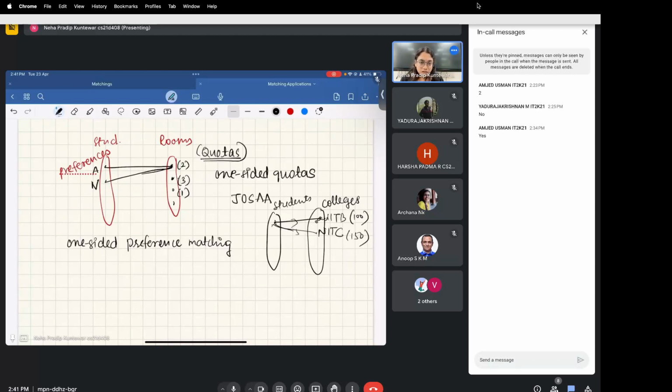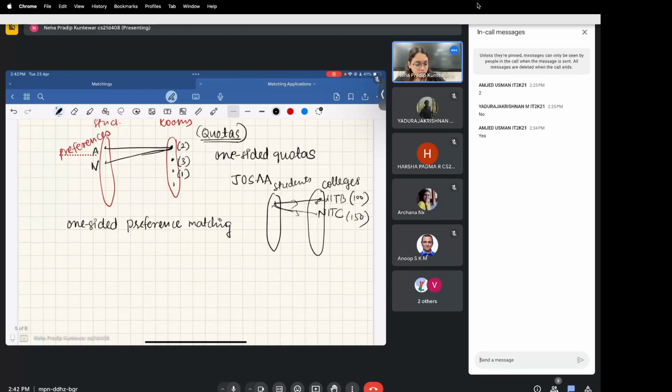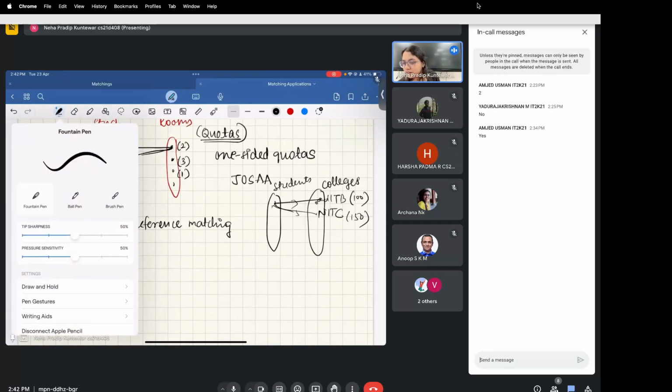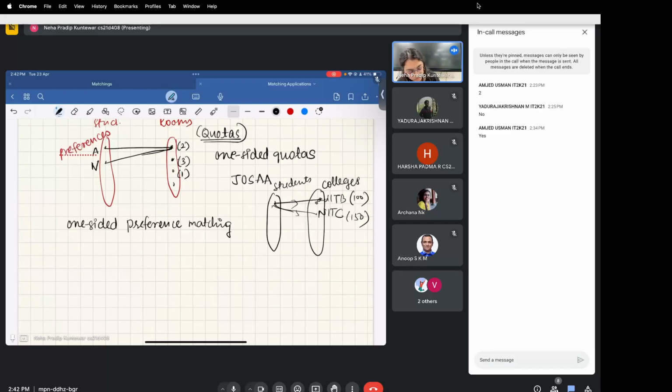So these kinds of situations, where you have one-sided preferences and one-sided quotas, arise very commonly, and they indeed do use these matching algorithms to find a matching where as many people end up getting happy as possible. So that is definitely one situation that occurs.